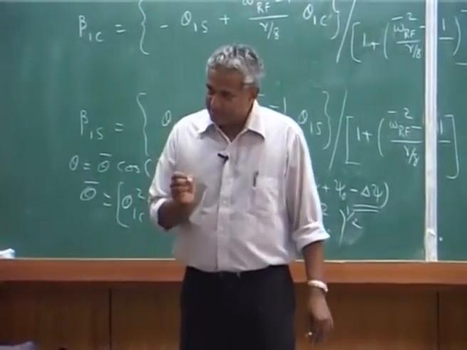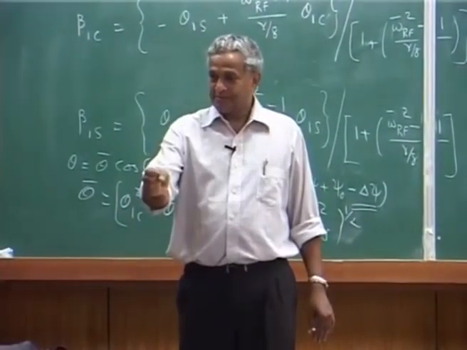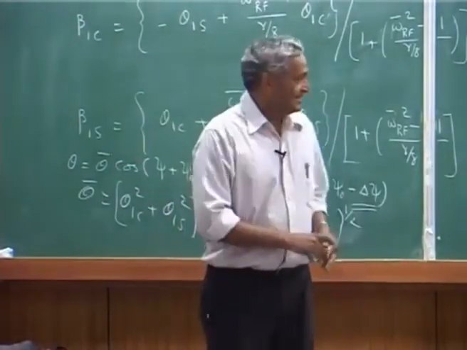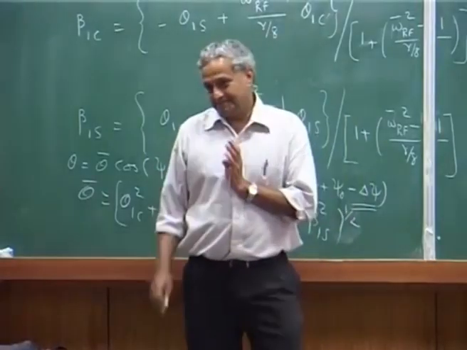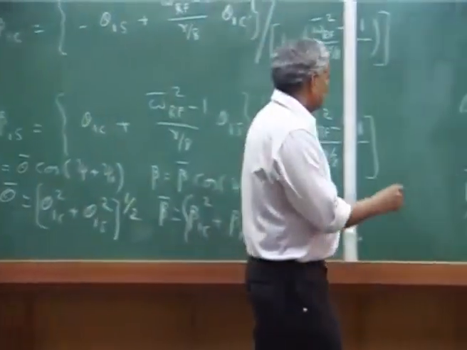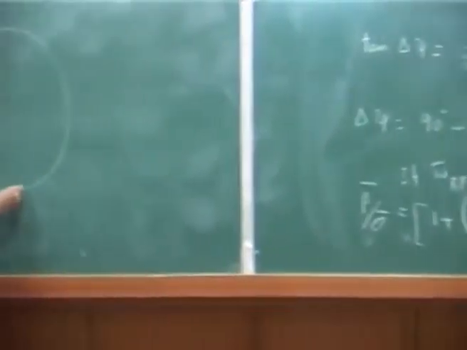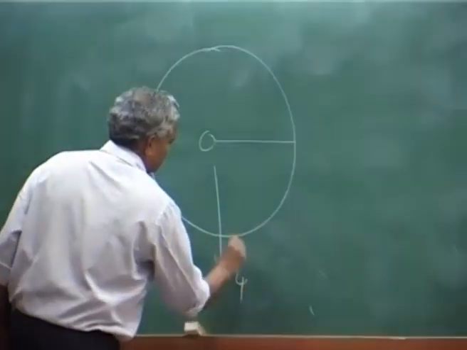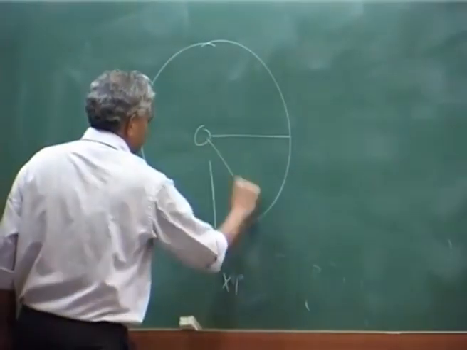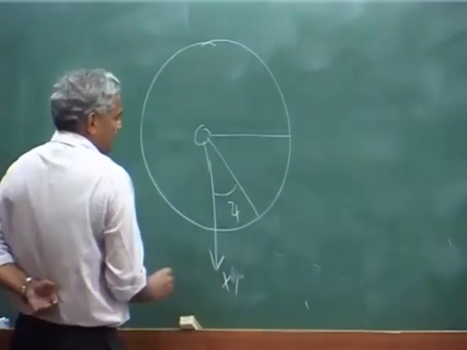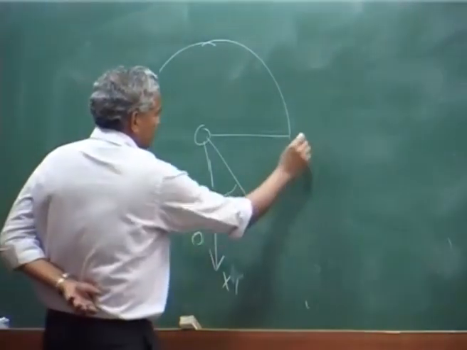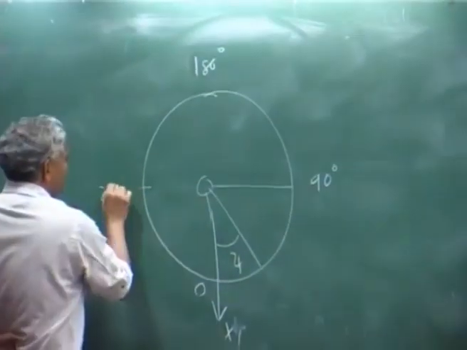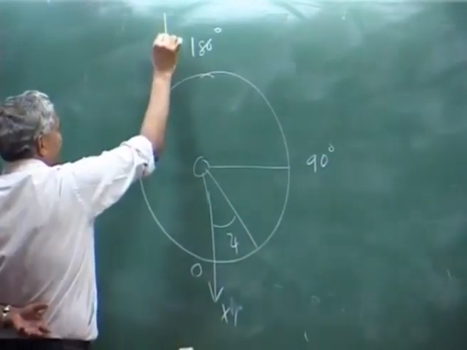That means, pilot will still move his stick forward, but the input that goes to the blade is adjusted such that if you have the rotor disc, if this is x, this is psi, this is 0 degree, 90 degree, 180 and 270, and you are flying forward, velocity is coming.